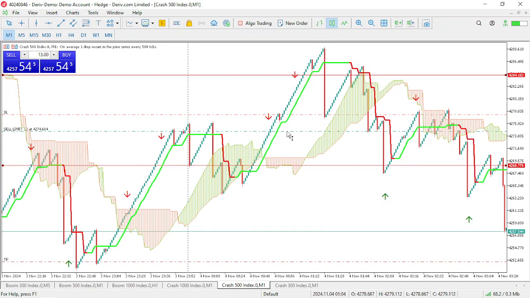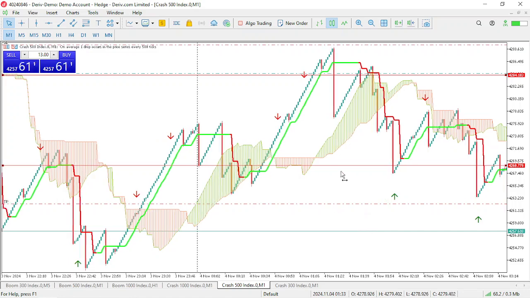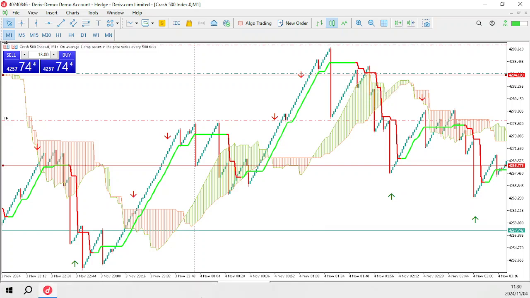Then you even have another decent trade, a $63 drawdown. And then you went into, let's just say, about $103. It's not bad. And if you look at the time frame, 1, 2, 3, 4, 5, 6, 7, 8, 9, 10, it's like 15 to 20 minutes to make $100.